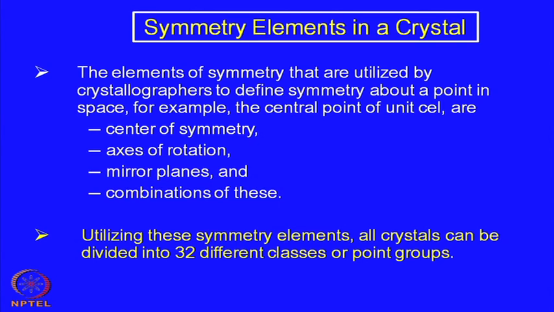Then, coming back to the axis of rotation, the diagonal of a cube, what we call the body diagonal of a cube, is an axis of rotation, right.